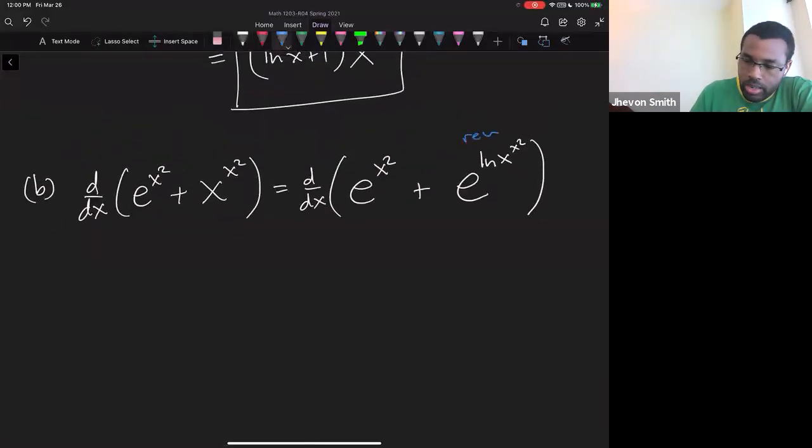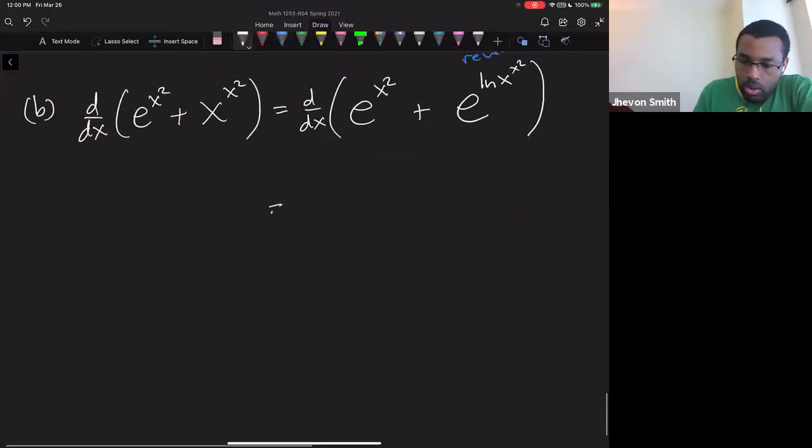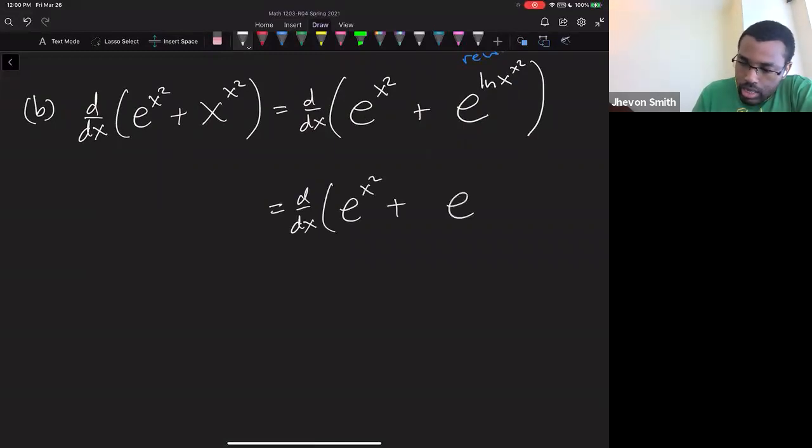So over here, I rewrite. Now, I would simplify using the log rules. So this is e to the x squared ln x. Simplify by log rules.